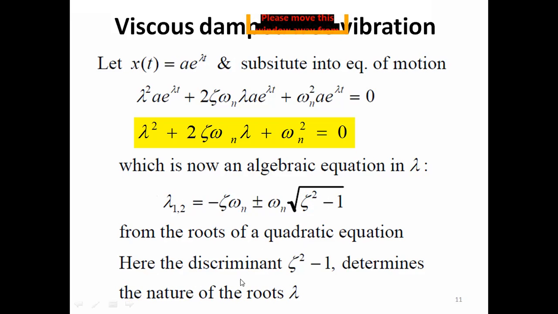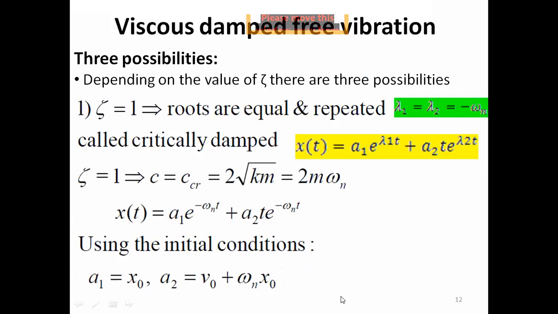So here the discriminant, that is zeta square minus 1, determines the nature of the roots lambda. Now for the nature of the roots, depending upon the value of zeta, there are three possibilities.